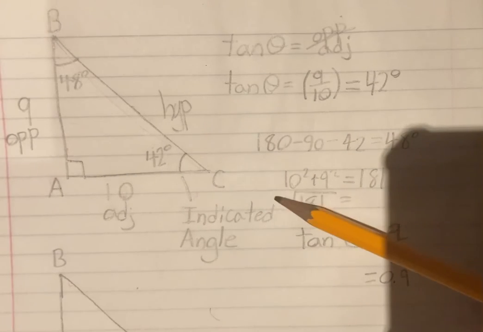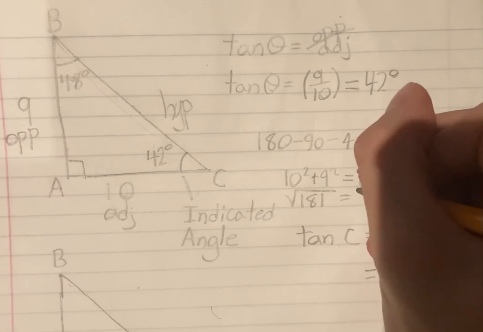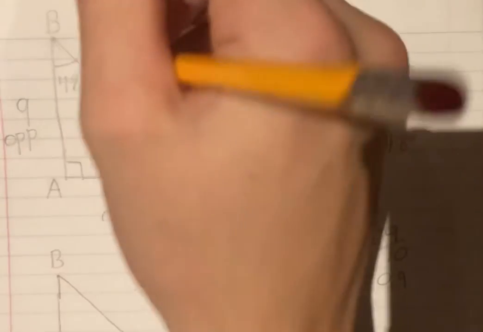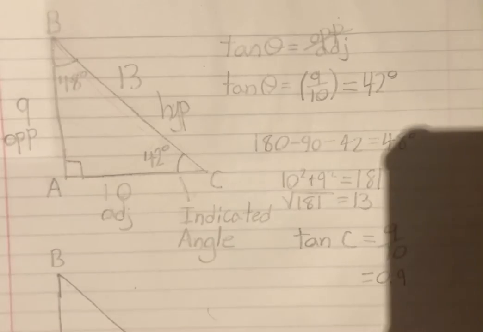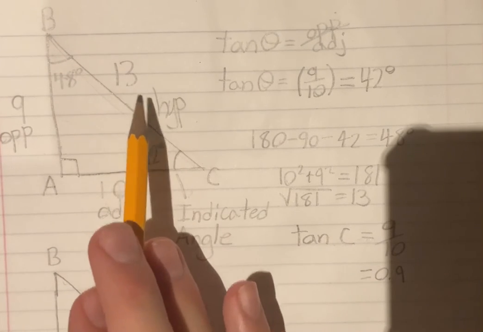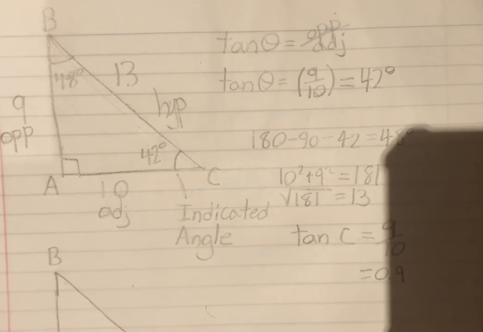You type in square root 181, and the answer is 13.4532 and so on, but I will round it to 13, and that's our hypotenuse. The hypotenuse will always be bigger than these two measurements. If this is smaller than these two, something went wrong with your math.